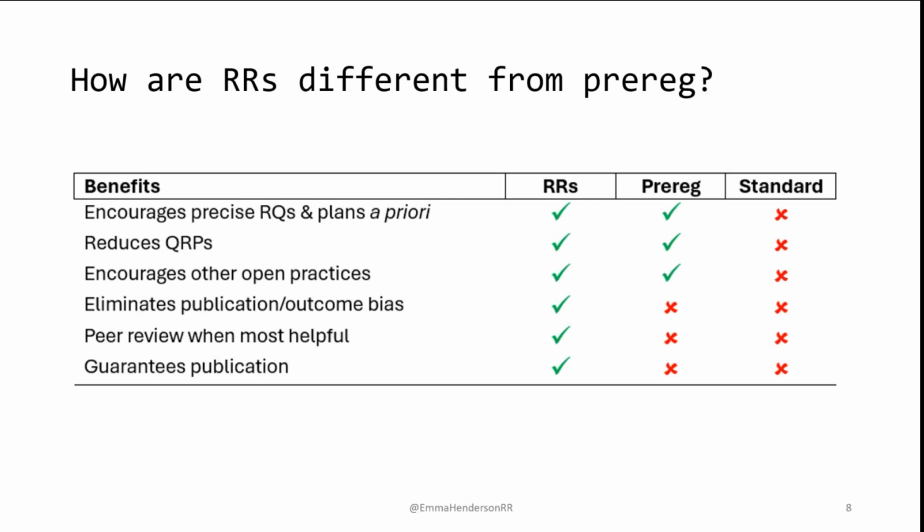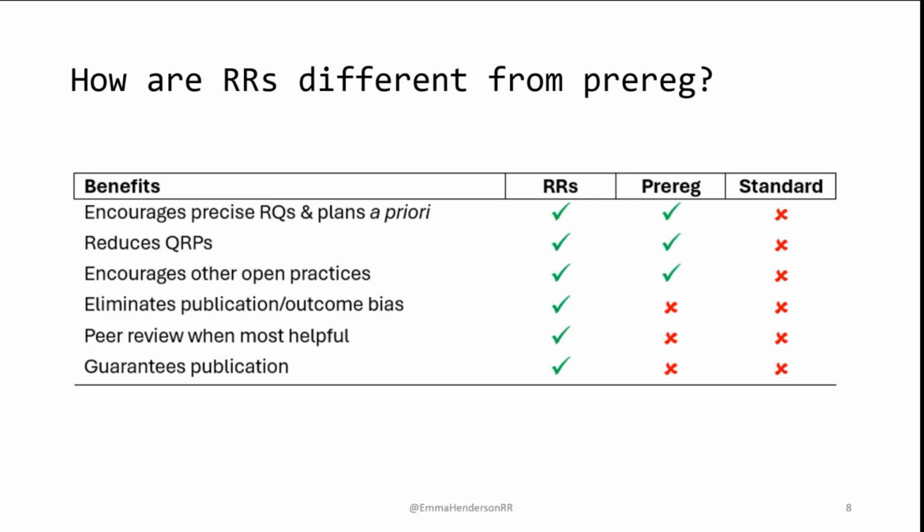So I'll talk about how registered reports are different from pre-reg by talking about some of these benefits of both of them. So registered reports are not the same as pre-registration. It can be confusing because people sort of say pre-registered reports and they are very similar names, but they are different.